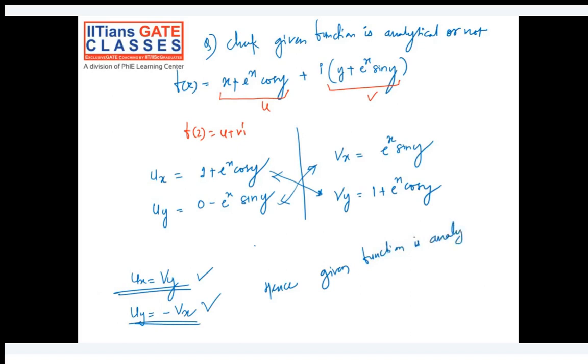I hope you understood the method. Let me give you one homework question on this. f of z is equal to r to the power p cos of 2 theta plus i times r to the power p sin of 2 theta is analytical.